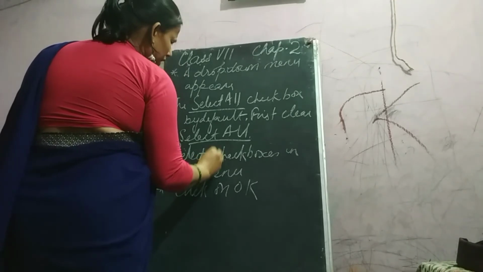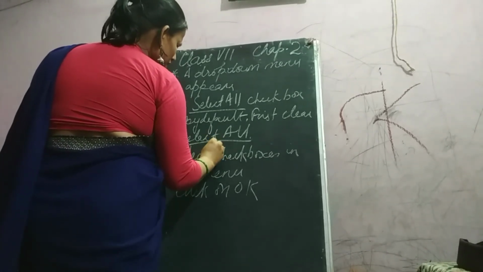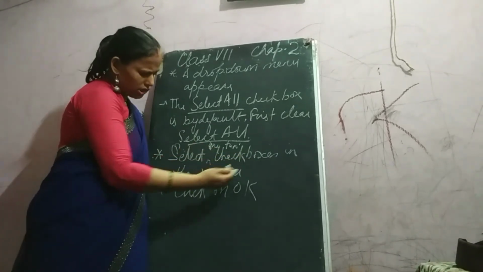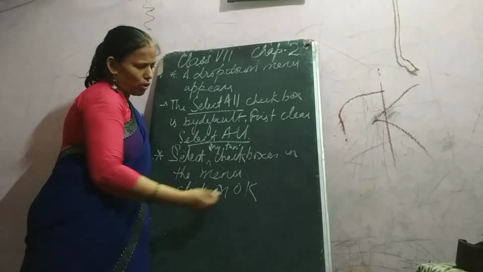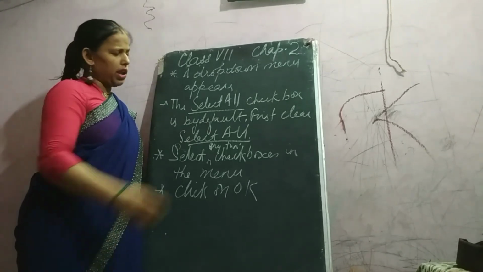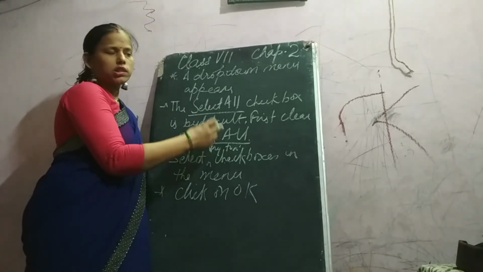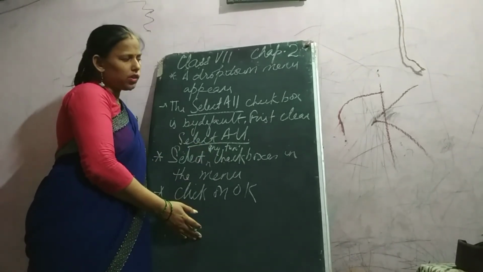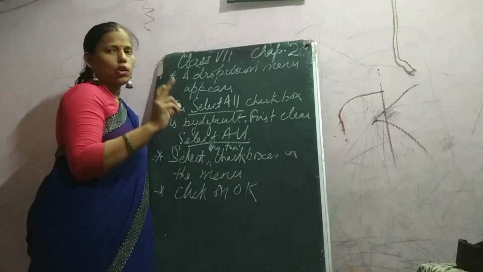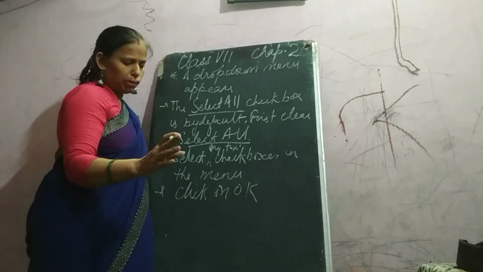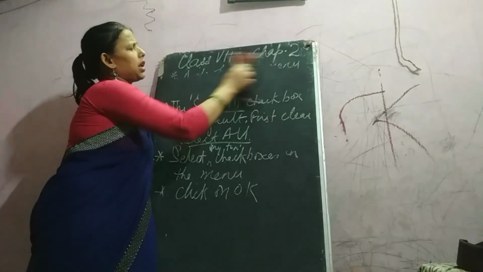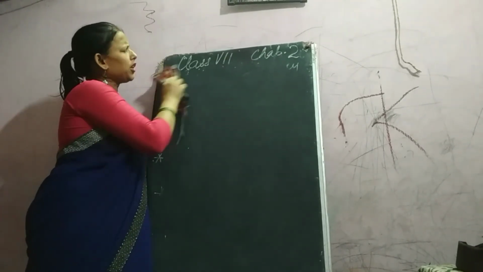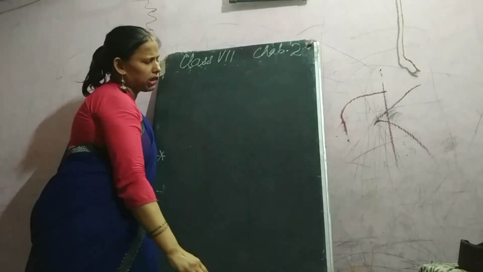You can select any two or three, whatever you want. You can select the checkboxes and after that click on OK. As you click on OK, the database of the selected checkboxes will be displayed on your screen. Only that data will be shown and the rest of the data will be hidden. This was the simple filtering method. After that, we will go for the advanced method.